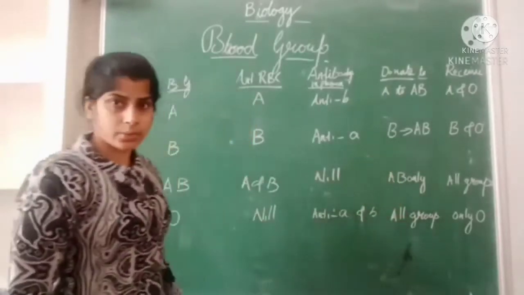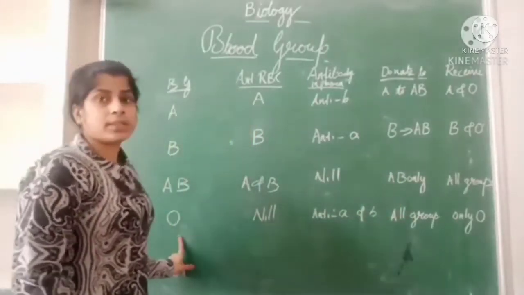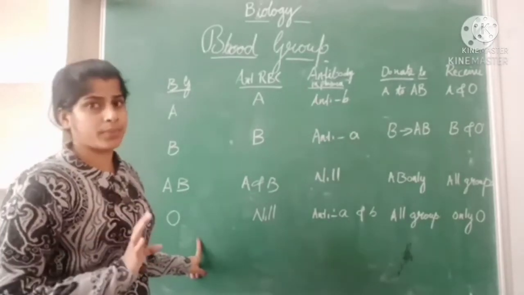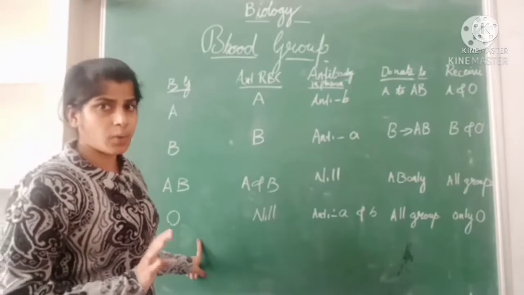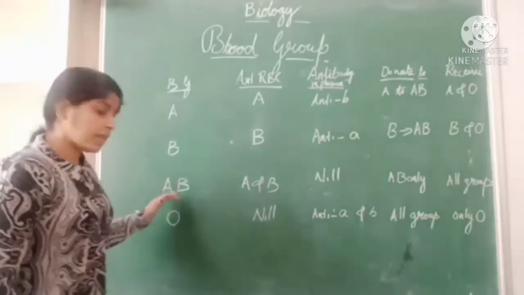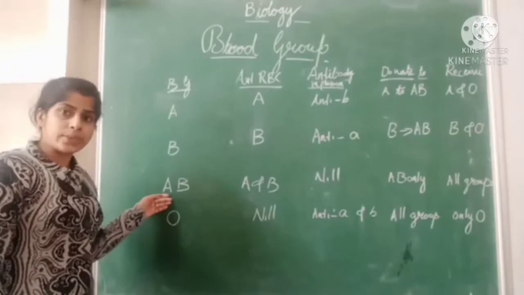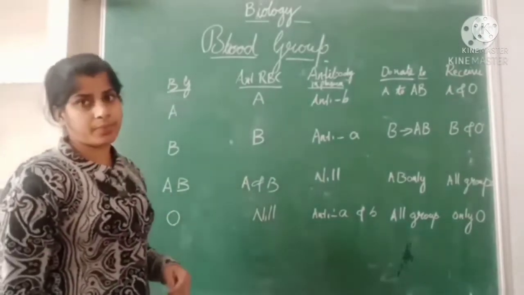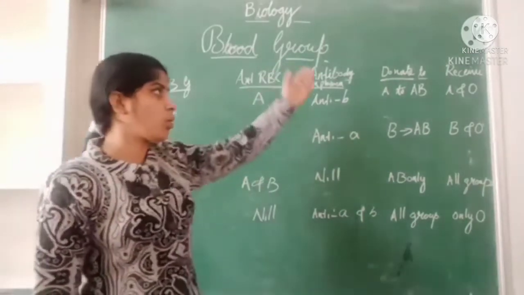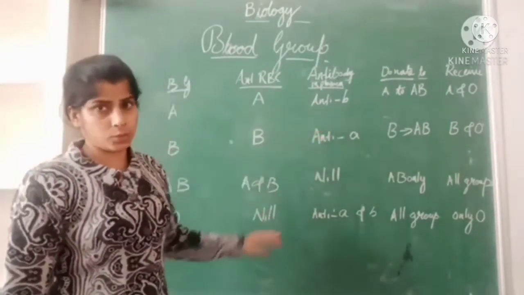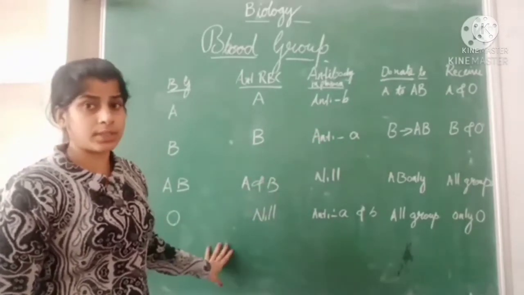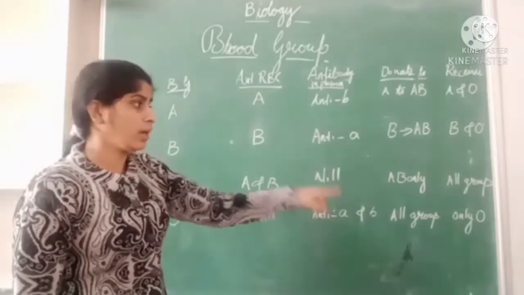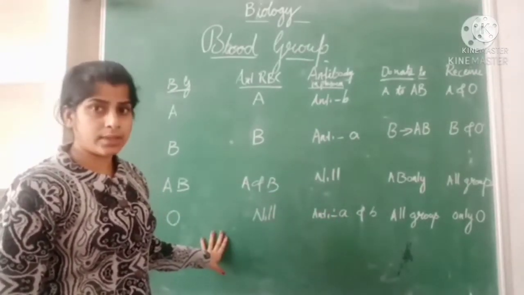O group can donate to all groups, but it can receive only the O group. Clear? So AB is called the universal receiver, and O group is called the universal donor, because O group can donate to all other three blood groups, and AB can receive all other three blood groups. Is it clear? Yes.